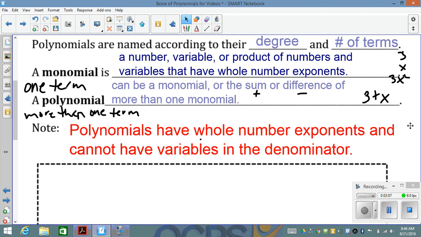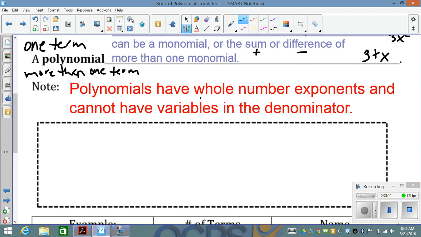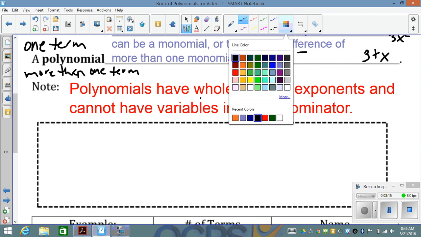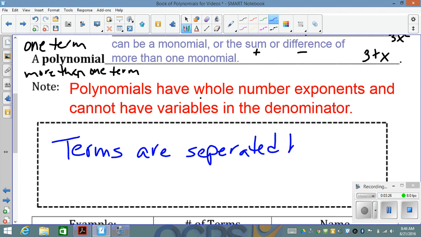Okay? Another important note, something we really need to pay attention to, is that terms are separated by addition and subtraction signs.